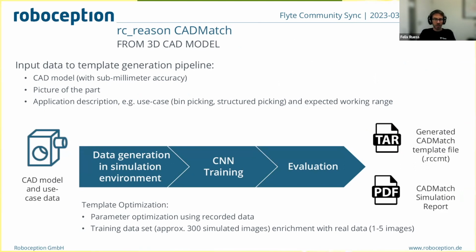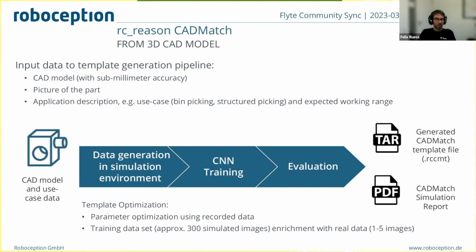And in the end, basically we get what we call a template that contains our neural networks, parameters for the classical algorithms for the refinement, also stuff like the CAD model to show in the web-based visualization and so on, and also a simulation report.